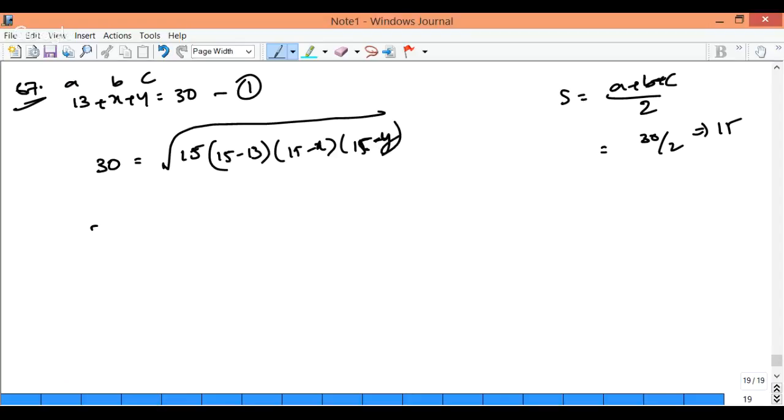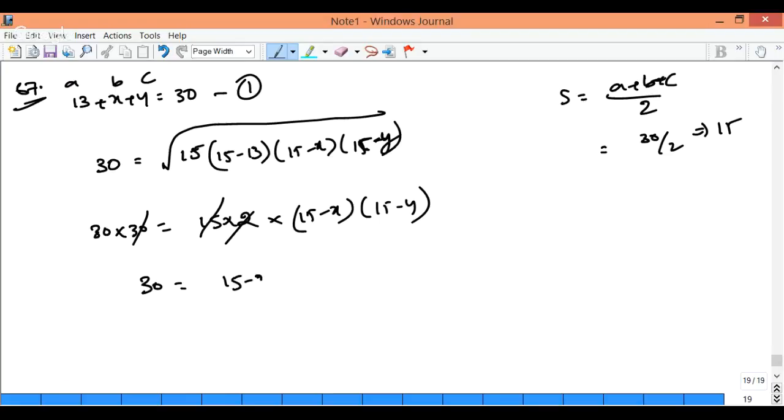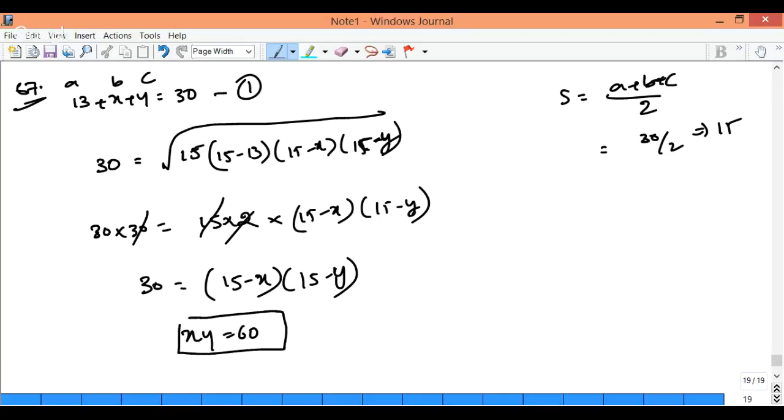Now take the square root on this side: 30 into 30 will be equal to 15 into 2 into (15 minus x) into (15 minus y). 30 into 2 will get cancelled here, so 30 is equal to (15 minus x) into (15 minus y). Now, when you solve this equation, we'll get xy is equal to 60. Simple calculation, you get xy is equal to 60.